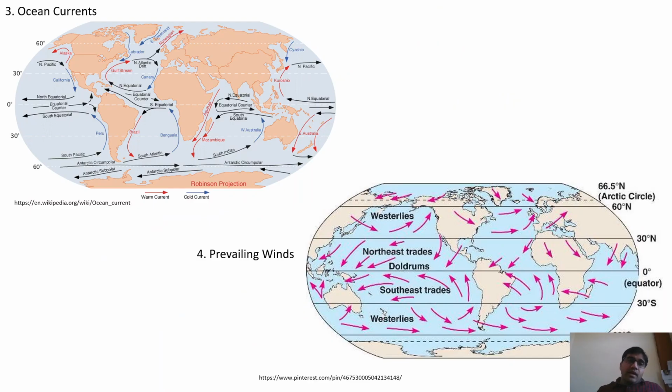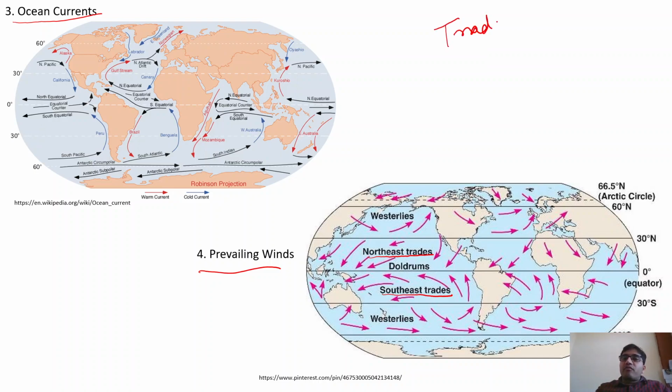Okay, then these two factors are extremely important: prevailing winds and ocean currents. We can never study the impact of ocean currents by ignoring prevailing winds, and similarly vice versa. So the prevailing winds and ocean currents have to be studied together. Now let us say, for example, if you can see here the northeast trades, the southeast trades, the trade winds.